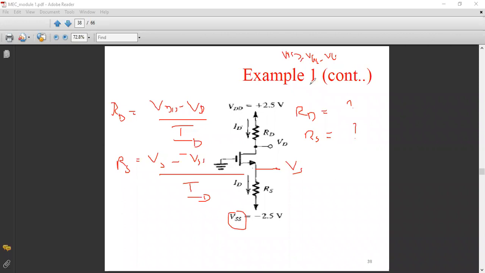So you have to identify in which region this MOSFET is working, whether it is in the triode region or in the saturation region. Okay, so all of you can find the RD value and tell me the answer. Find the value of RD, because VDD is given to you, VD is also given to you.